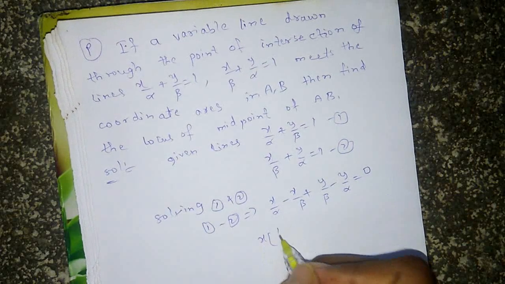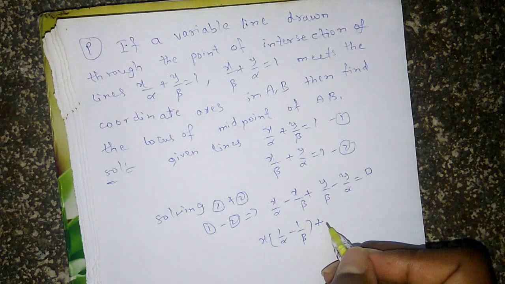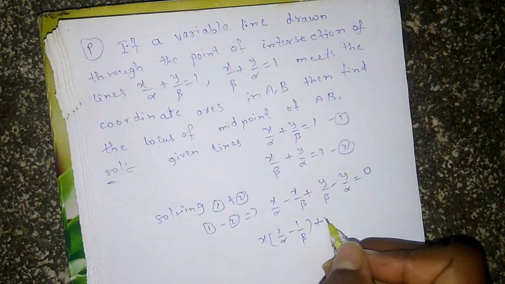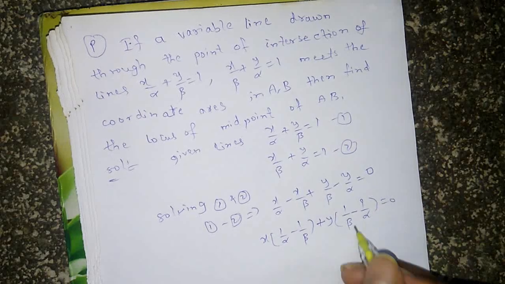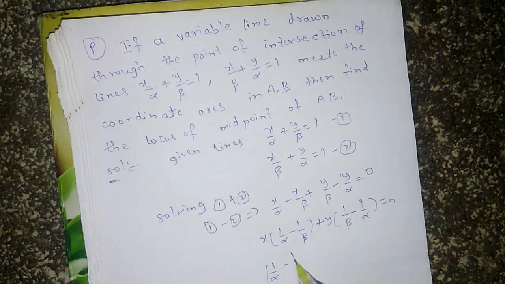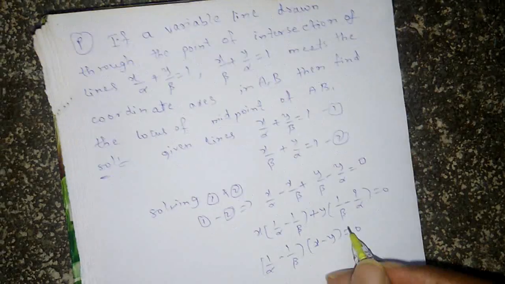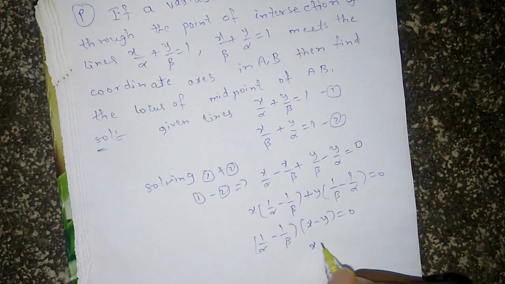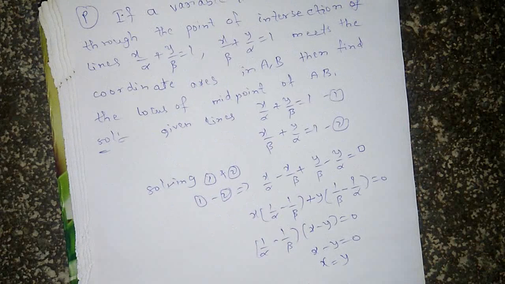If you take x common, this is (1/alpha - 1/beta). If you take y common, this will be (1/beta - 1/alpha). Observe that these are both the same, but with a minus sign. So if you take (1/alpha - 1/beta) common, this will be x - y = 0.